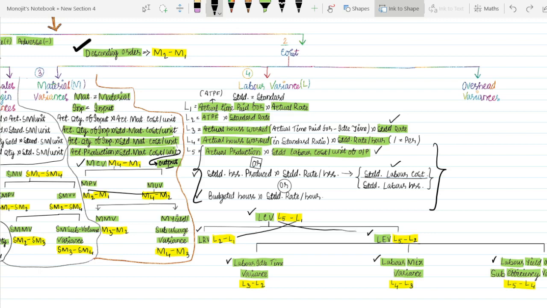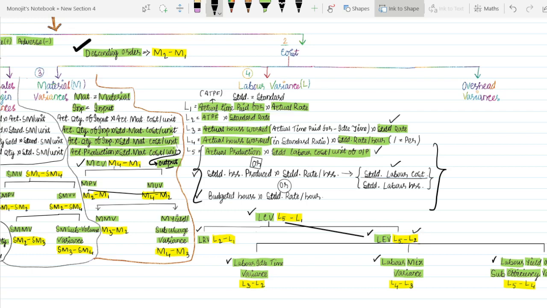We need to deduct L1 from L2 for the labor rate variance, and labor efficiency variance is L5 minus L2. L5 comes from labor cost variance, and L2.